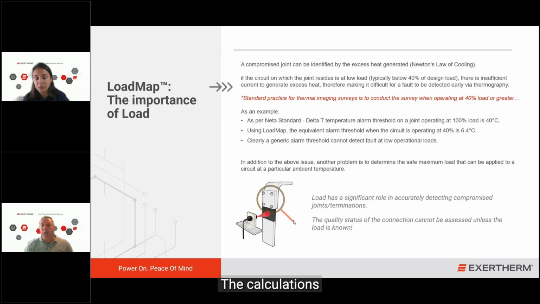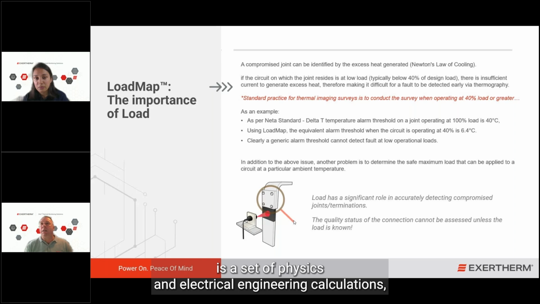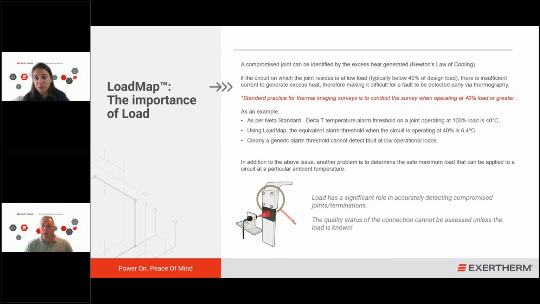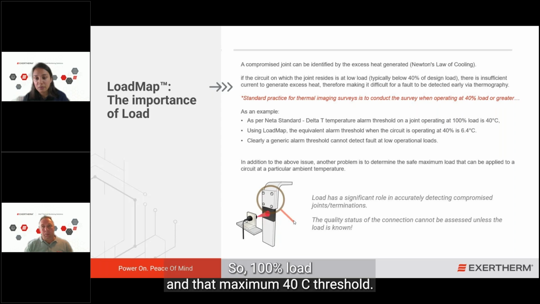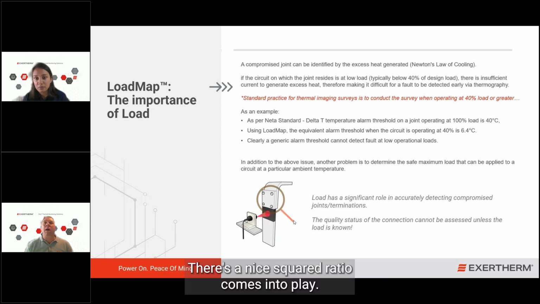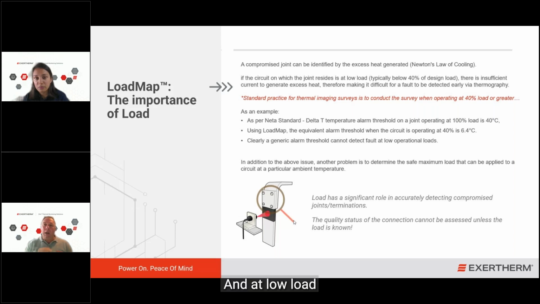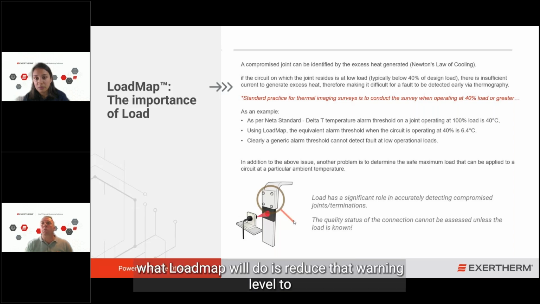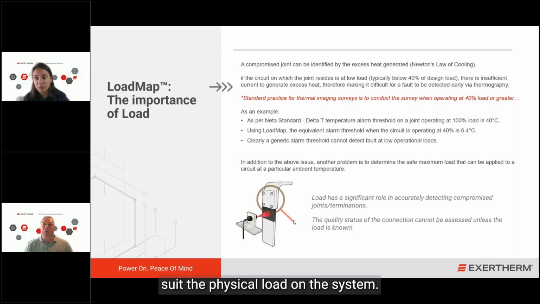The calculation is a set of physics and electrical engineering calculations, but it's based on the maximum loads, so 100% load, and that maximum 40C threshold. There's an I-squared ratio that comes into play. At low load, what LoadMap will do is reduce that warning level to suit the physical load on the system.